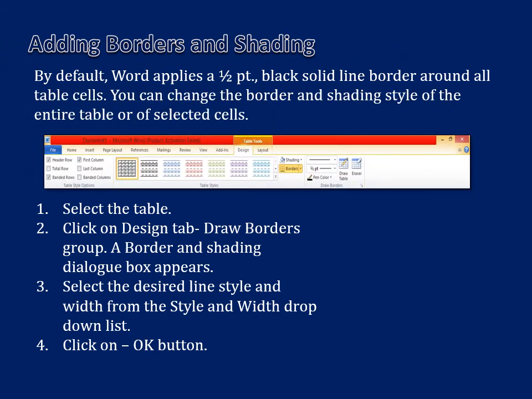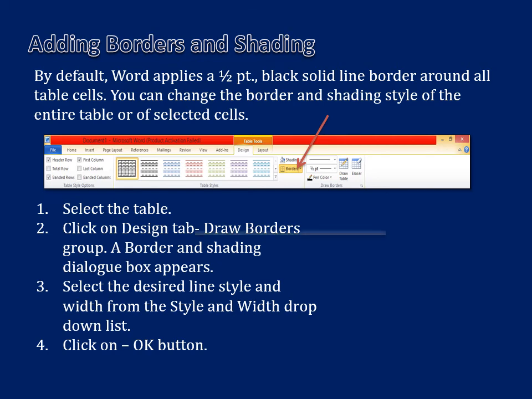Okay, now see the image. When you select the cell, this tab opens up, table tool. It has a design tab and a layout tab. You need to select the design tab. Now select the desired line style and width from the style and width drop down list. This is the border. Here you have to click.